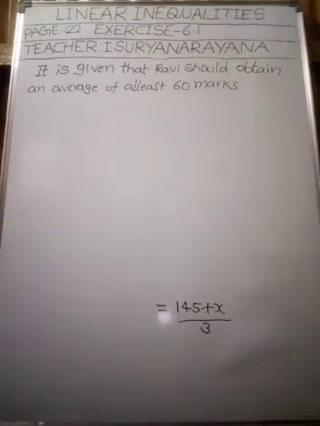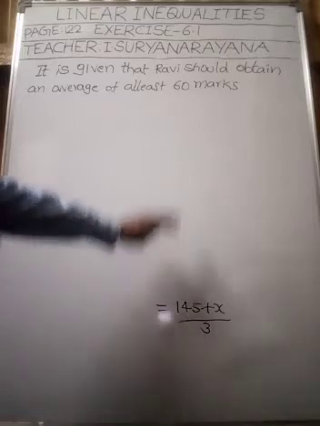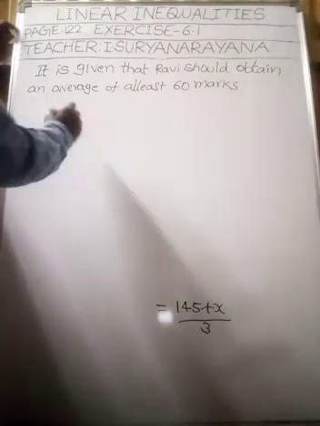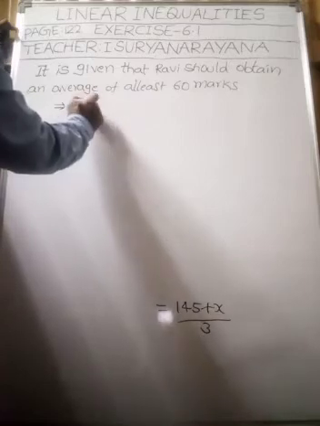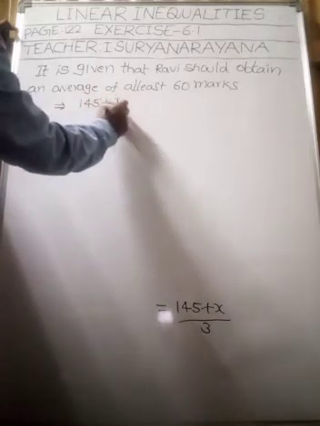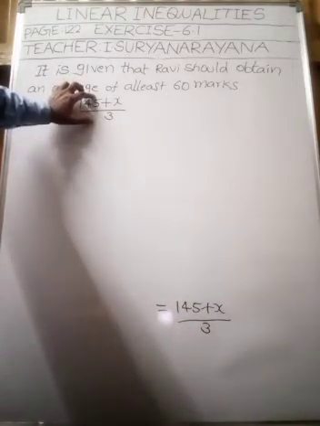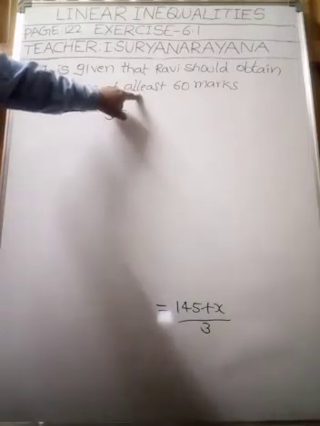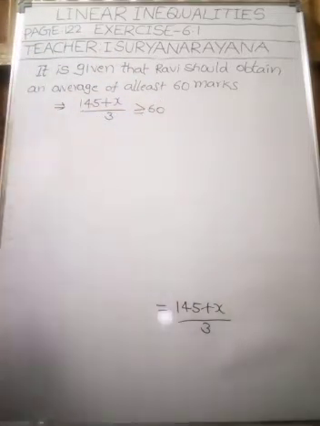Okay, my children. But actually, what is the average of the 3 tests? This is the quantity. So this quantity should be greater than or equal to 60. Understood this step, my children? Right. This implies (145 plus x) by 3 is the average mark of the 3 unit tests. So this mark should be at least, meaning greater than or equal to 60. Understood this step, my children?